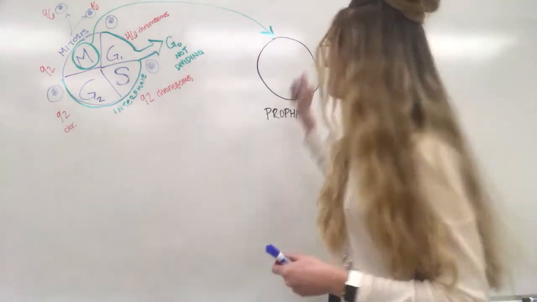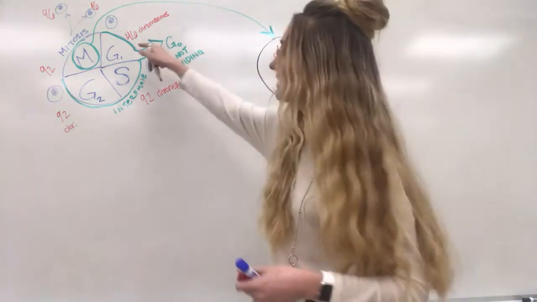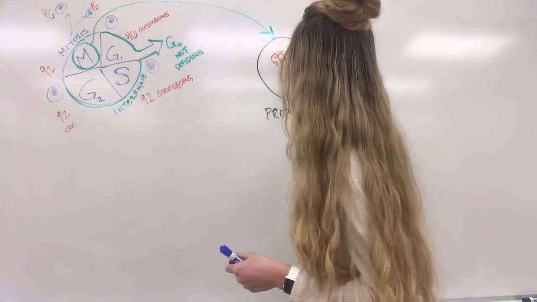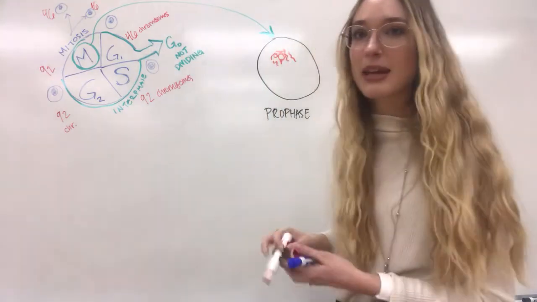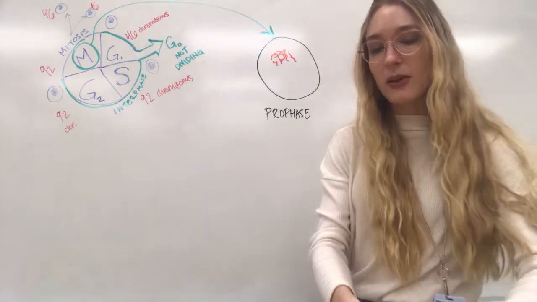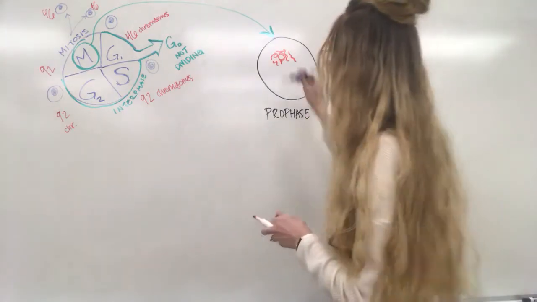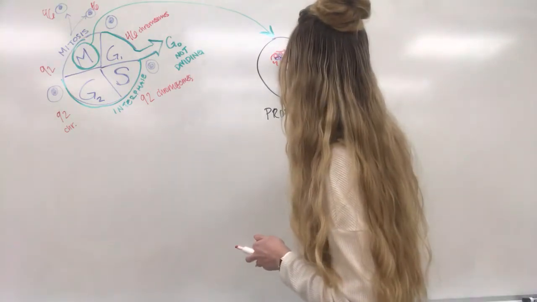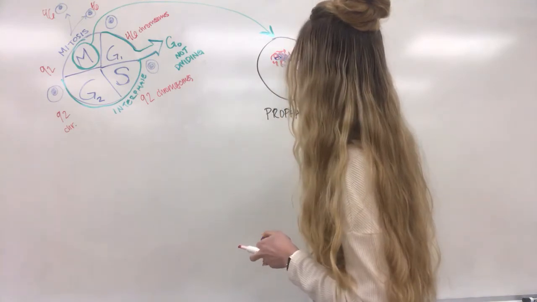So let's say that 46 of our chromosomes look a little bit like this, starting to condense maybe a little bit. And then the identical other 46 looks the same, starting to condense into chromosomes.